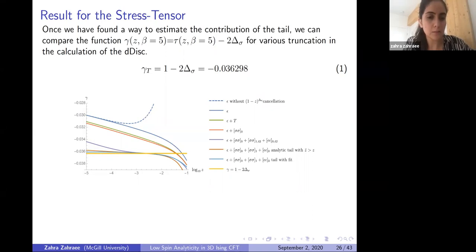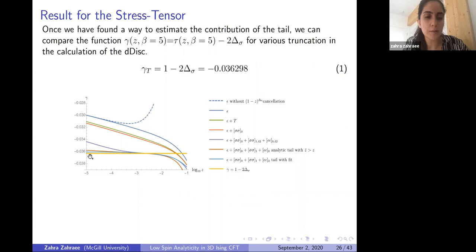So how close our result is to this shape shows how good we are doing in terms of error. This is both in terms of shape and in terms of the distance from this curve. So you see, once you include only epsilon, you're just far from it. As you include more operators, you get closer to the curve.